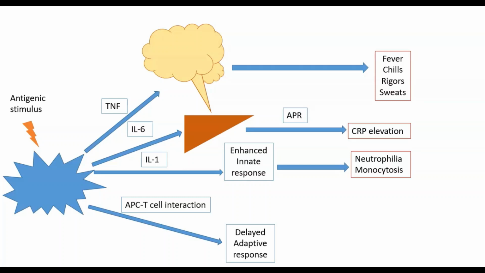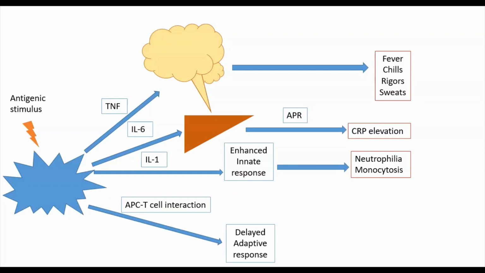The other important arm of the adaptive immune system is that of the T cells, where there are CD8 or cytotoxic T cells, which play an important role in clearing virally infected cells, and the CD4 or T helper cells, which can further differentiate into specific subtypes depending on the cytokine milieu at the time.